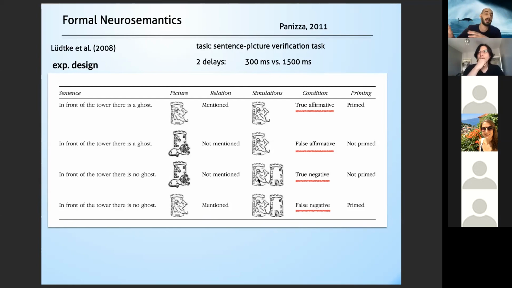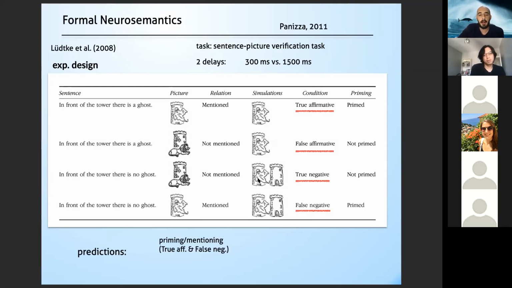So you immediately create your mental representation with a tower without a ghost, okay? So you know immediately that you don't have to represent a ghost. So you actually deactivate whatever kind of representation of a ghost you have, and you immediately represent the tower without a ghost.